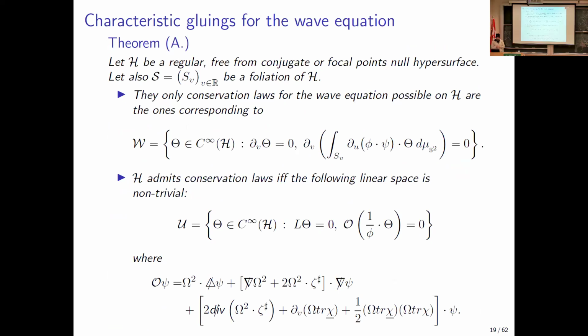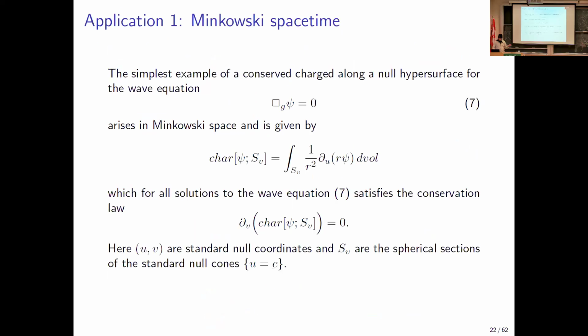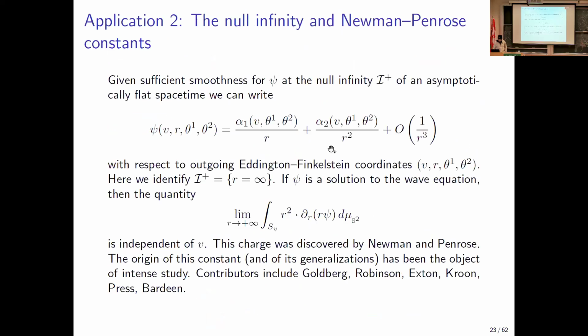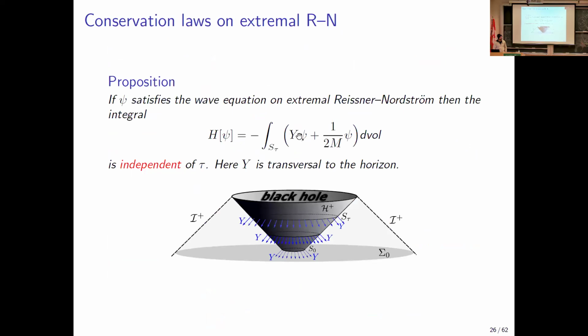For the wave equation, I basically just consider one transversal derivative. I can consider more, but for the wave equation, all I wanted to do is basically fully characterize these conservation laws here. And these conservation laws have only one derivative. See? One derivative.